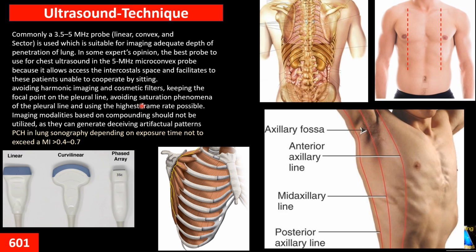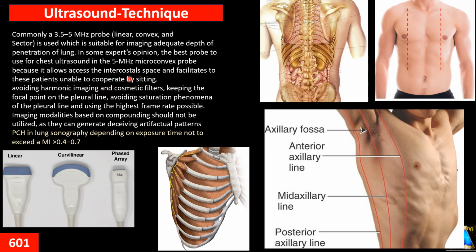That is the general point. For frequency, usually the best is 3.5 to 5 megahertz, but again it depends on body habitus and the depth of the study, how deep we can go. Based on that, we have to be flexible.